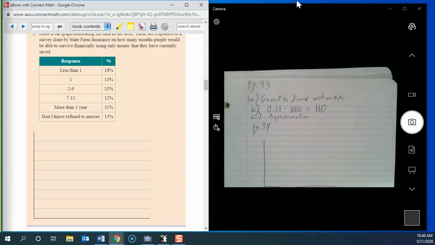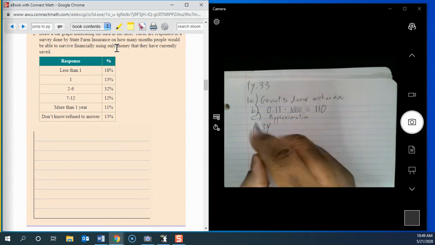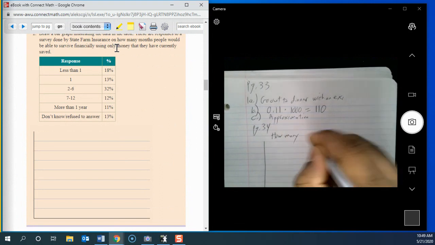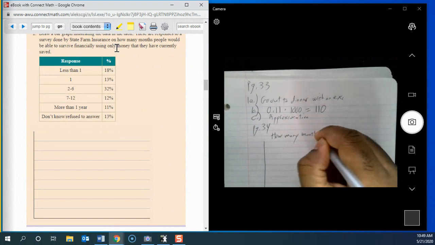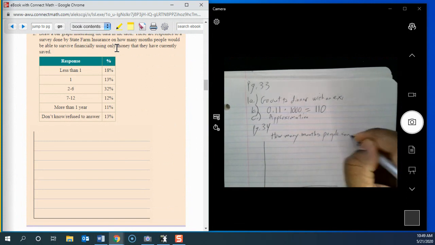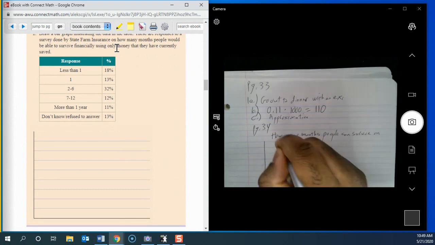So it says here, how many months people would be able to survive financially using only money they currently save. So we can either abbreviate that or write it all out. Is how many months people can survive on their own savings.